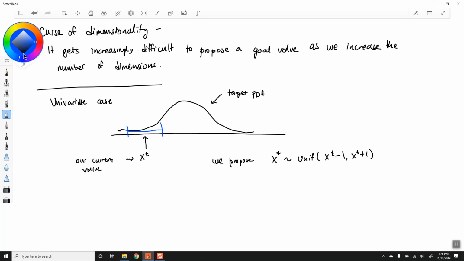And what will happen is, if we propose, anything over here is guaranteed to be accepted, and the stuff on this side might be rejected, right? Maybe it's accepted, but it might be rejected. But basically, we have at least a 50% acceptance rate.